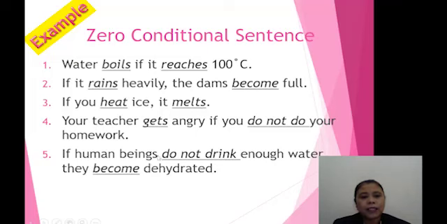If human beings is a plural subject, so you use do not drink enough water, they become dehydrated. Because the subject here is they, the verb is not plus s. So students, they are the examples.